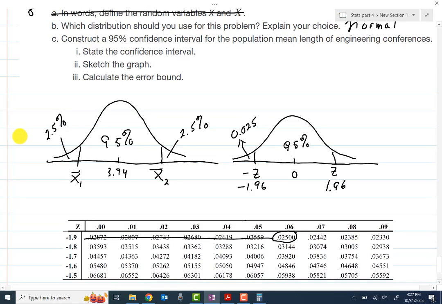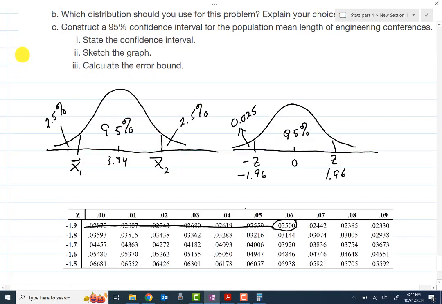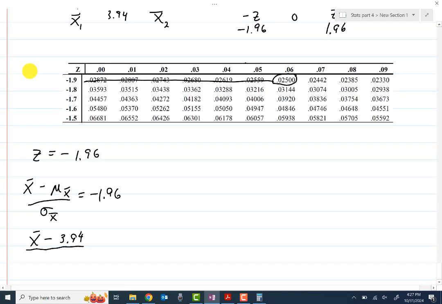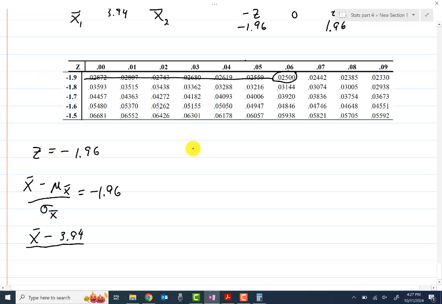Well, I don't think I calculated sigma sub x bar at all, actually. Nope, let me get that one. For this, you're going to get sigma over the square root of n. Sigma was 1.28 divided by the square root of 84.